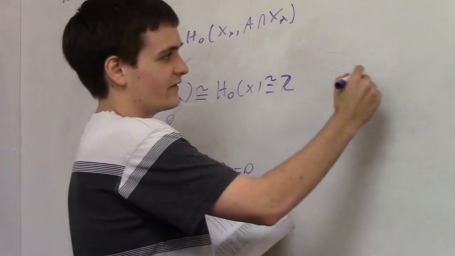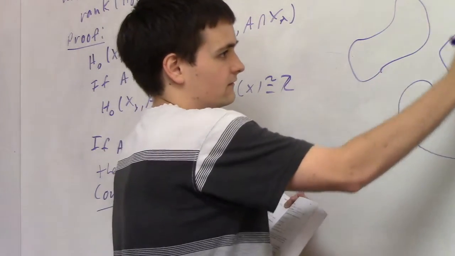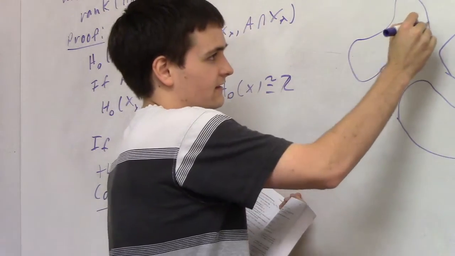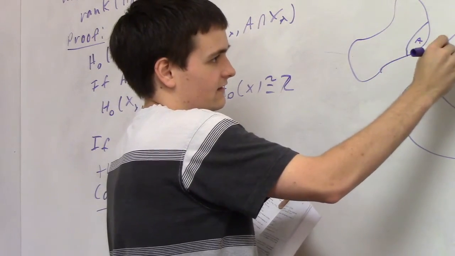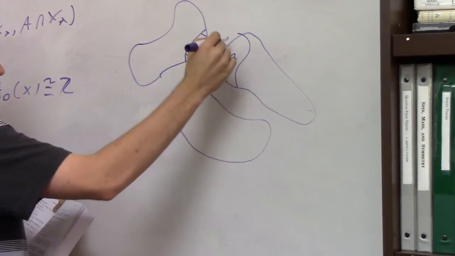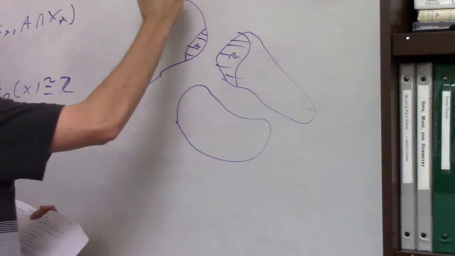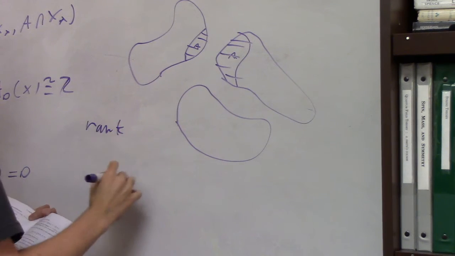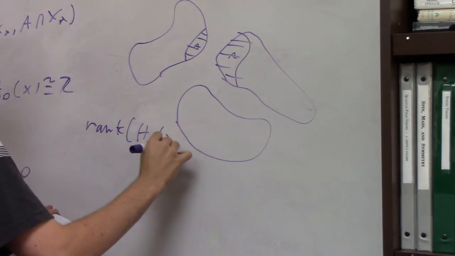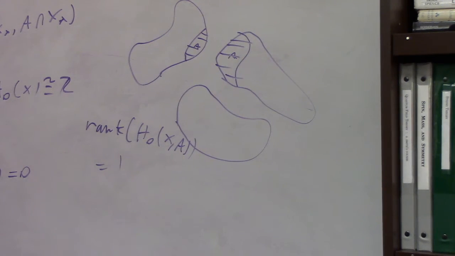So for example, if you had something like this, and A is in that one, then the rank of H_0 of X, A is going to be 1.